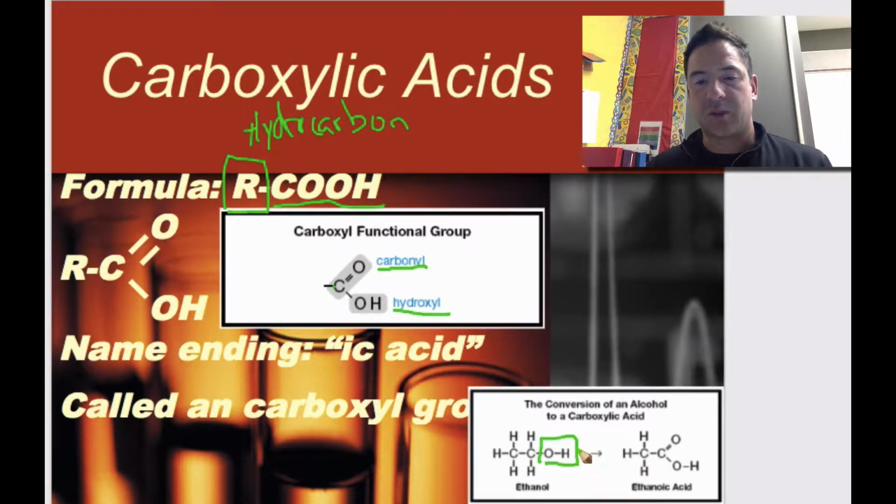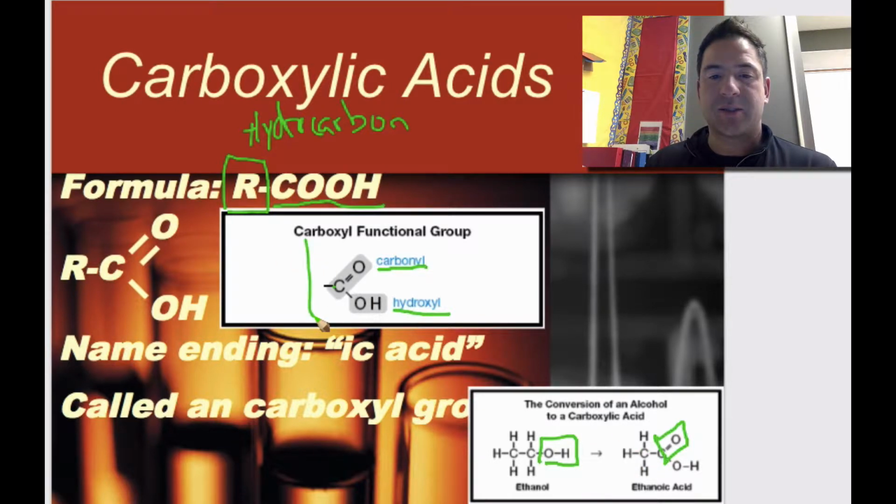But if we were to convert it, basically what would happen is we would just be adding this double bonded oxygen here, and it's basically the exact same structure, except we are going to take out this one bond, we're going to add a double bond, we're going to have to take out some hydrogens, but we add that hydroxyl group. But what we are looking at is this right here. You have to be able to recognize this.